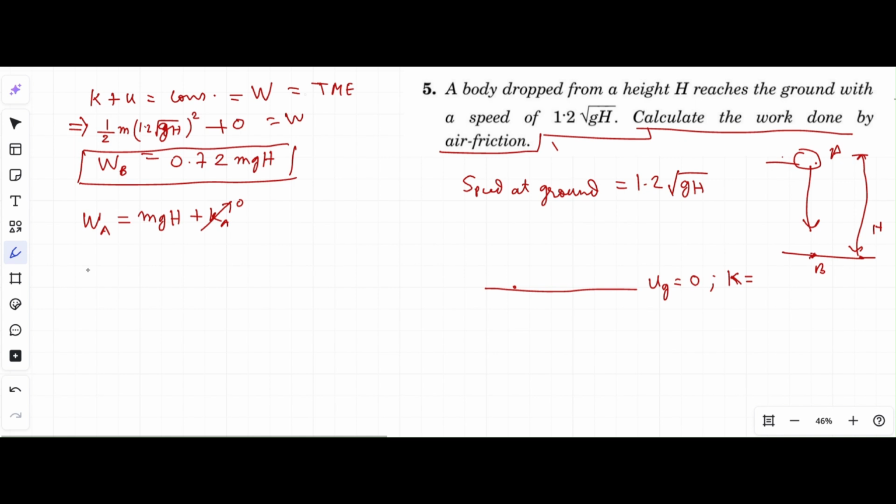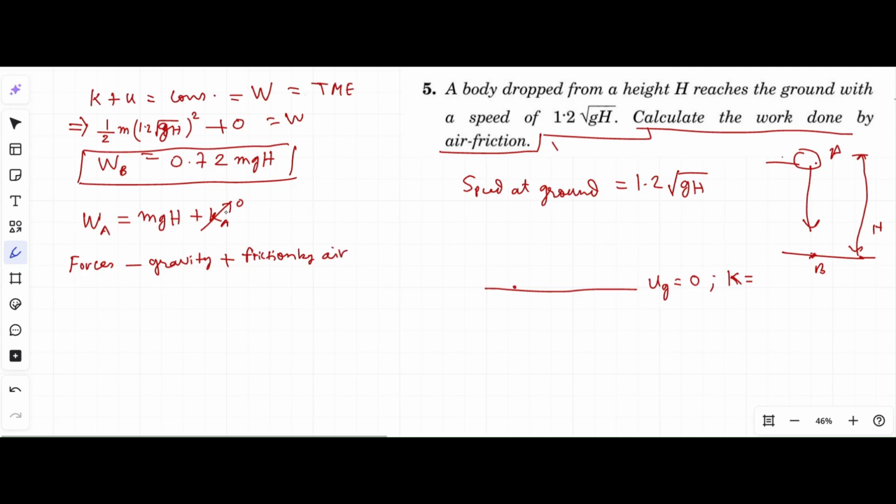The forces which are acting are gravity plus friction by air.